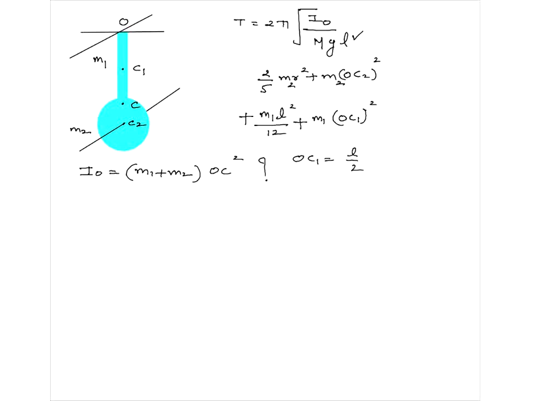That concept of replacing a body by a particle is good for center of mass purpose. So this body is replaced by a C1 particle, this body by a C2 particle, and then you use these two particles to find C. That's good for center of mass purpose. Moment of inertia has non-linearity in it. It is m times distance square. When there is a non-linearity, then summation doesn't work like that. Don't do it. Not recommended at all.